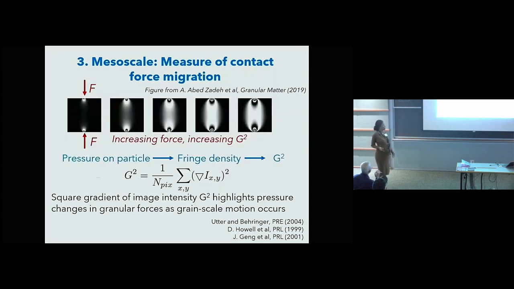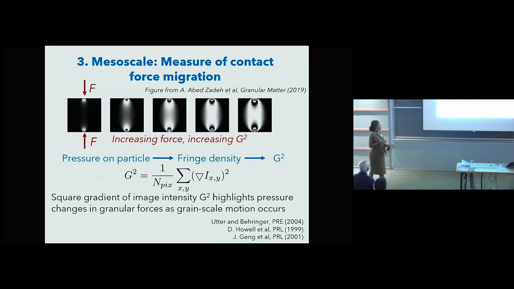Our last approach is to quantify the force chain distributions using a quantity called G squared. As a force is applied to a grain in our photoelastic response, we get a nice fringe pattern. An increasing force leads to an increasing fringe pattern, and that can be captured by the gradient of the intensity of our image.